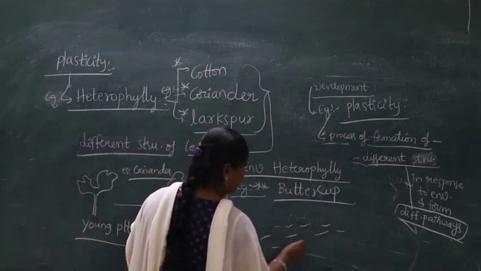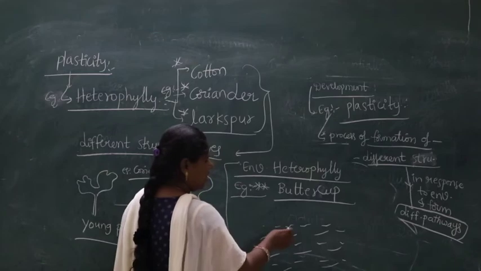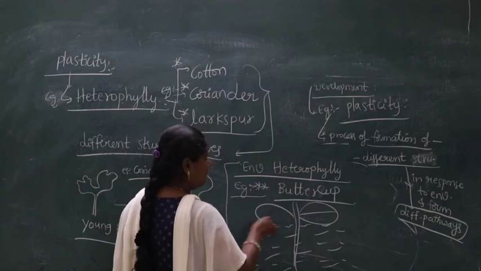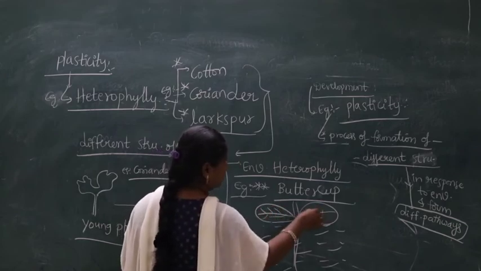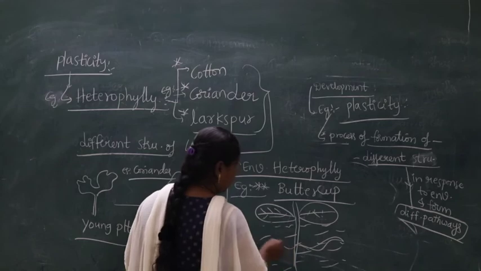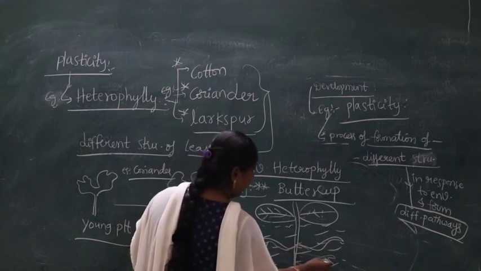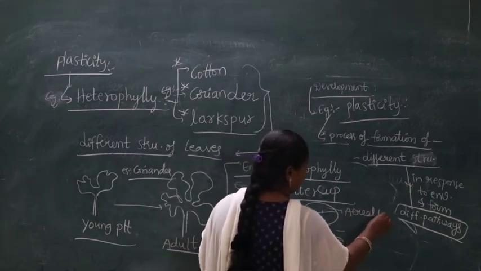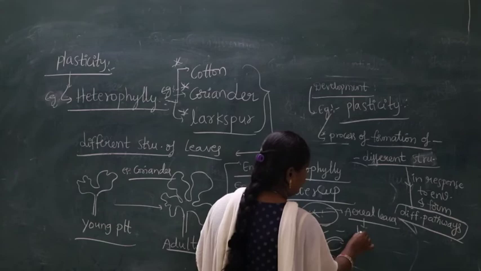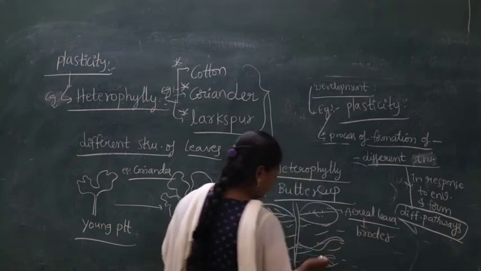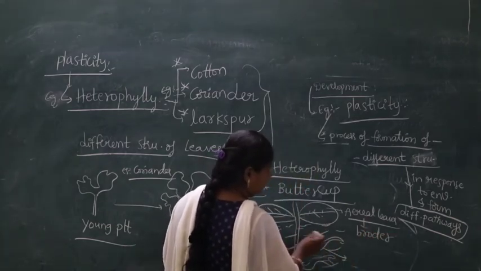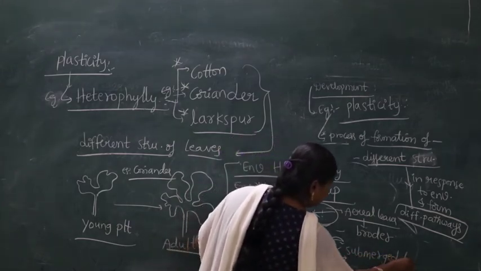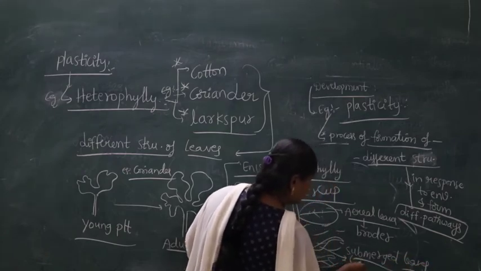If you take the water, in this case the plant has aerial leaves that are broader and occupy more space. The leaves present inside the water are ribbon shaped. The aerial leaves are broader, and the submerged leaves are ribbon shaped.